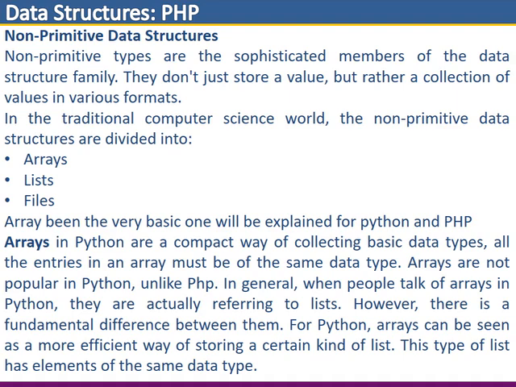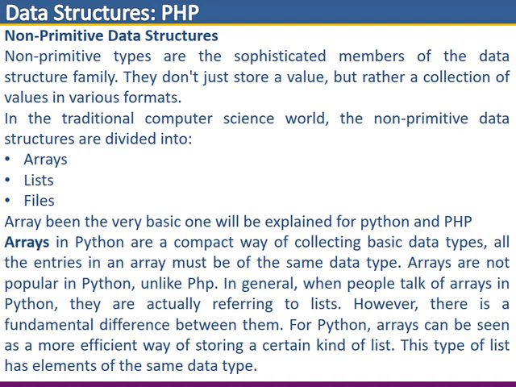In the non-primitive data structure, they are divided into array, list, file, our array being the very basic one we'll be explaining for Python and PHP.